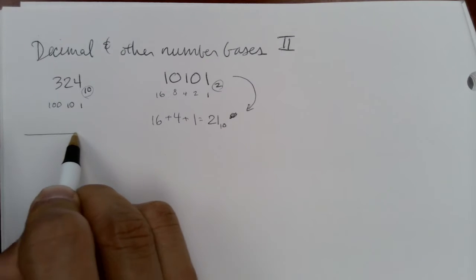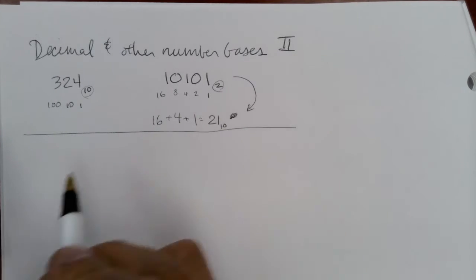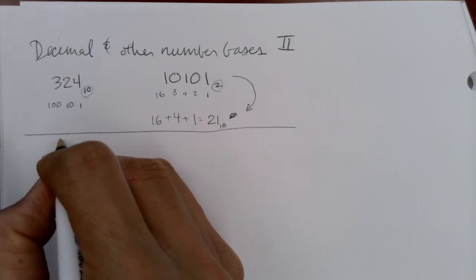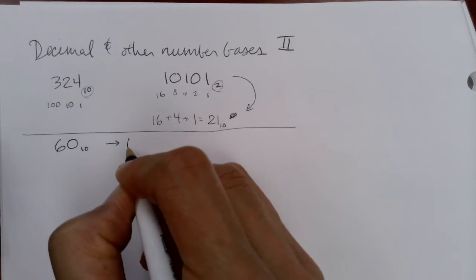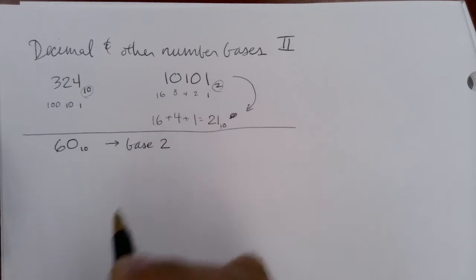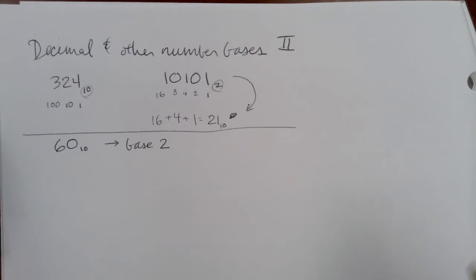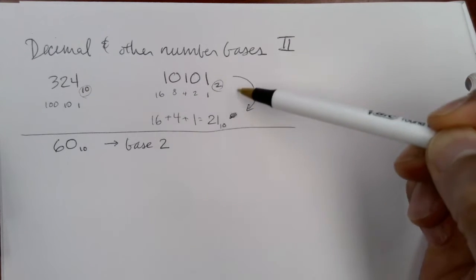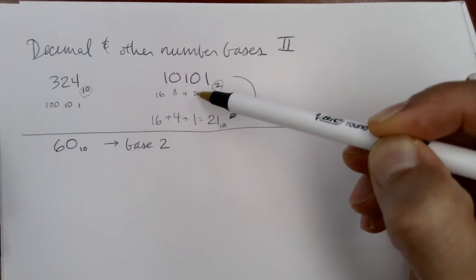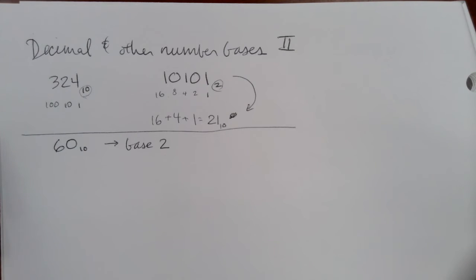Going the other direction, if I wanted to take, let's say, 60 in decimal, and I want to express that in base 2, notice how my base 2 or binary number is made up of these different parts.